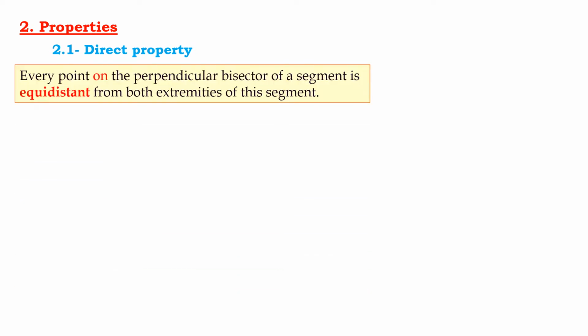What are the properties? The direct property says that every point on the perpendicular bisector of a segment is equidistant. Equidistant means having equal distances from both extremities of this segment. Look here at this figure. It's a segment AB.